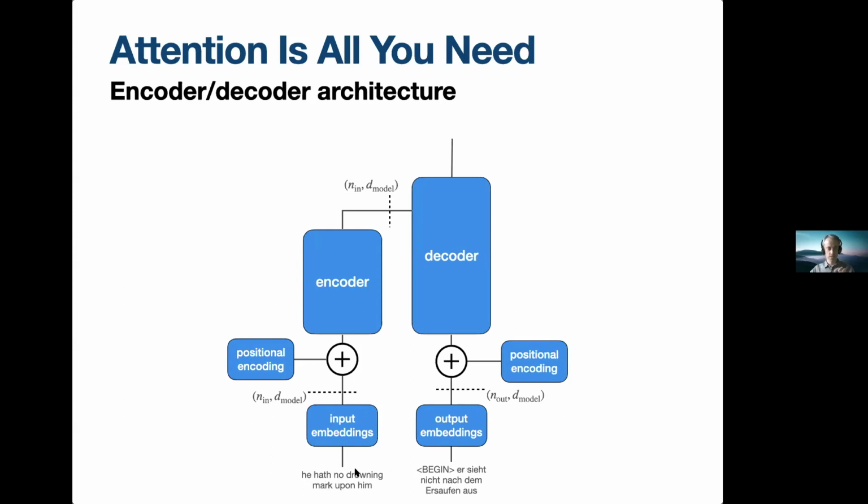Given an input sentence, we need to convert it into a sequence of input vectors of dimension D model. We do that using some type of input embedding. You can use a prepackaged scheme like Word2Vec, or you can build your own. The important thing is that you have some map from input tokens to a sequence of input vectors. And of course, you need that also for your target language.